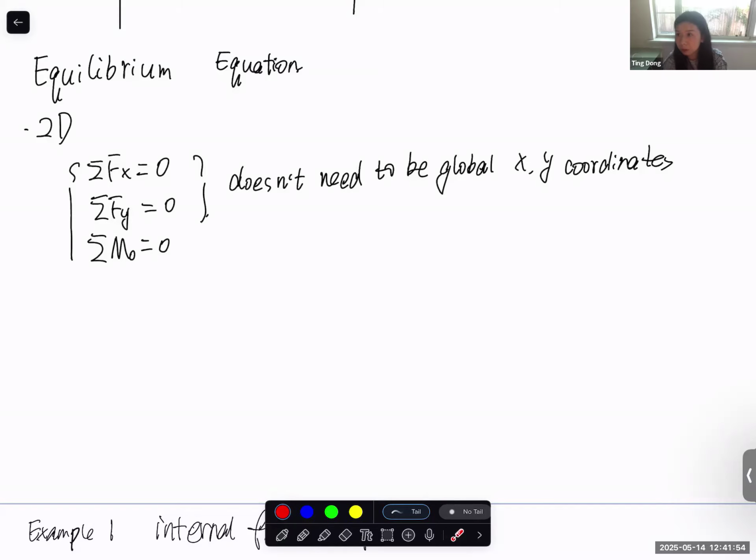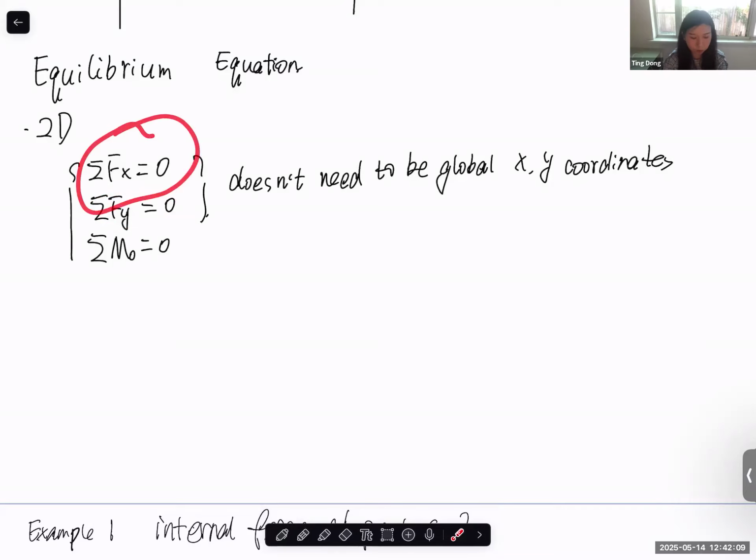And sometimes we can replace one of the force equilibrium equations with another moment equilibrium equation. So we take the moment equilibrium equation about two points and have one force equilibrium equation. So basically, for this 2D problem, we can solve 3 unknowns using 3 equations.